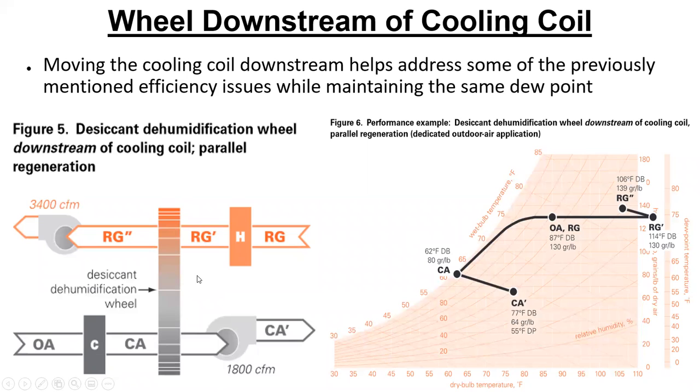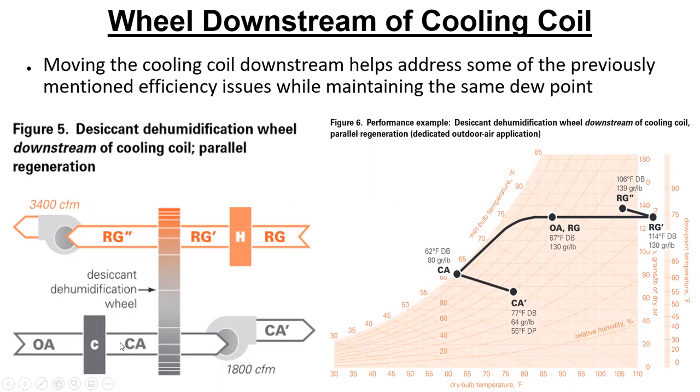Then on our outside air, we come in and go directly across the cooling coil. Think about it. When you come off of that cooling coil, you're going to be cool, which we want, which helps the desiccant. And the relative humidity is going to be between 90 and 95% typically, which also helps the desiccant. So this is a really good idea.